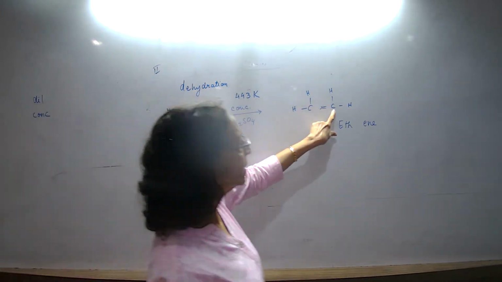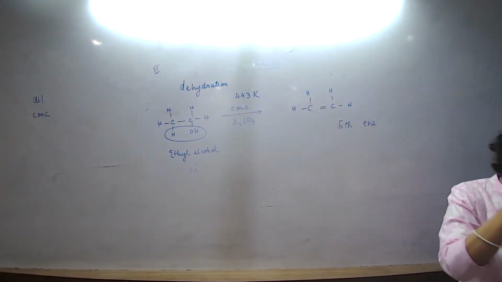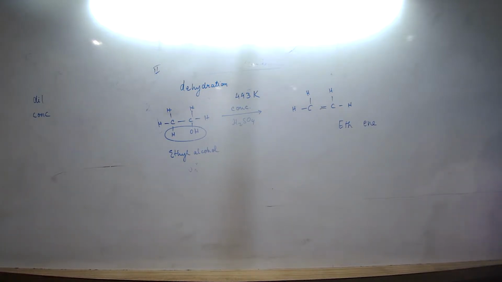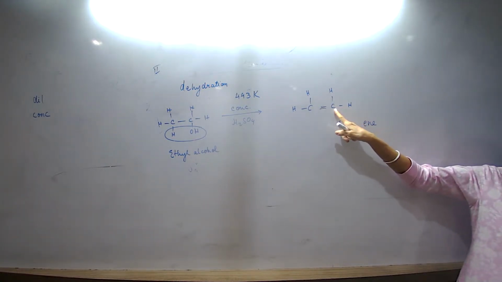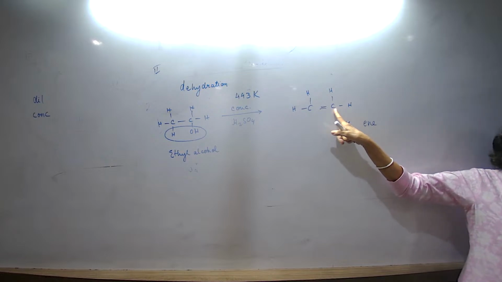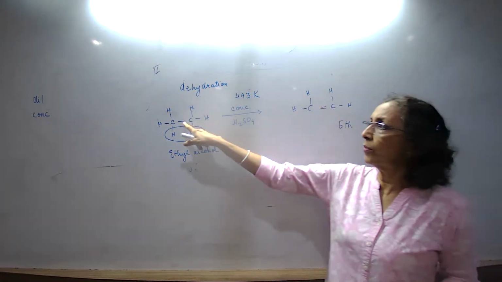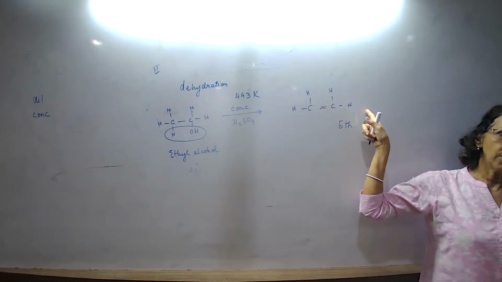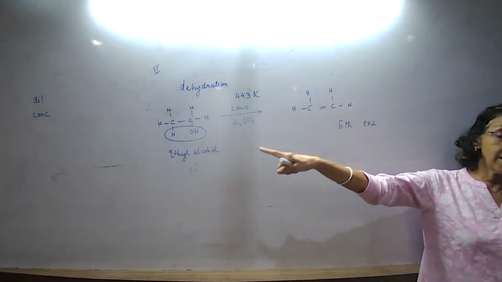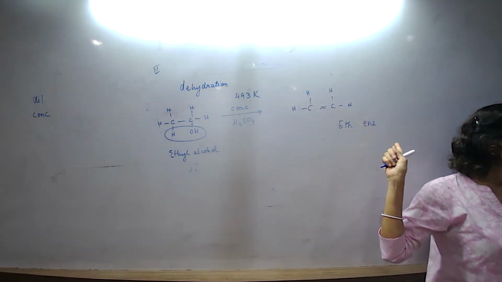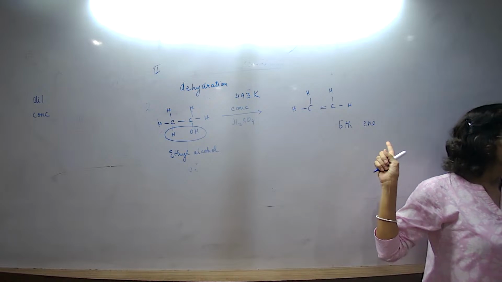I've written the formula here, but then you realize that single bond is not correct. The single bond has to be converted into a double bond because each of the carbon should have 4 covalent bonds. So you are converting a single covalent bond into a double covalent bond. So that means a saturated hydrocarbon is getting converted into an unsaturated hydrocarbon. Is that okay? Clear? Yes.